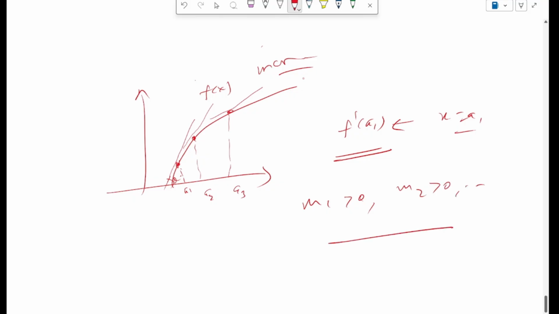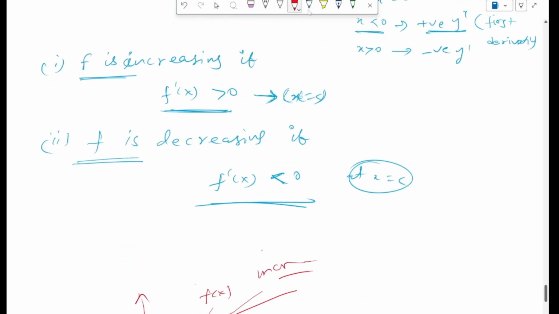So for an increasing function, whenever we draw a tangent, it produces a positive slope with the x-axis. Slope means first derivative. This is exactly what is written right here. When the function is increasing, the slope of the tangent at that point will be greater than 0.